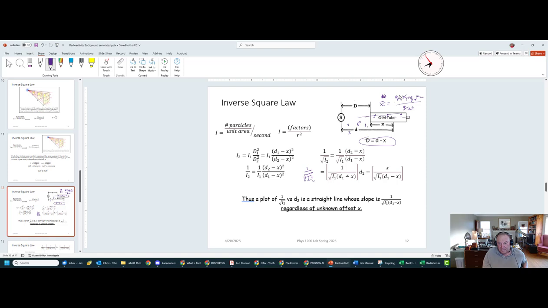And the D2, what happened? Oh, there it is right here. So that would become D sub i. Notice that this is a constant value. It doesn't matter what X is. This is a constant. This is also a constant. And so that becomes our y equals mx plus b.